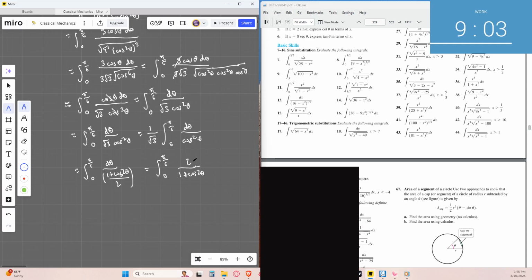And then we're left with 2. Oh yeah, don't want to forget the square root of 3 in the front, the 1 over square root of 3. Apologies for the terrible handwriting. So do that. And I think we'll just move the 2 out.